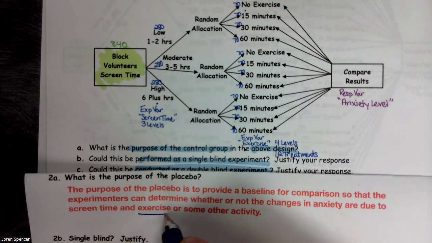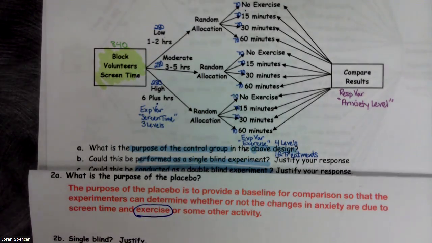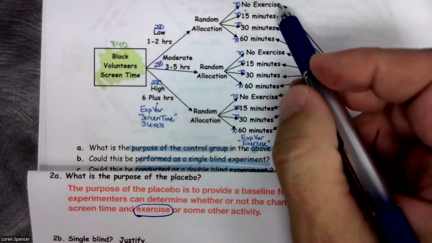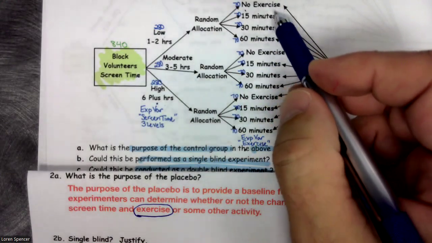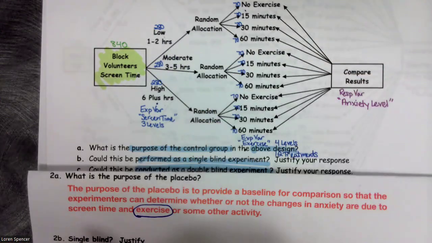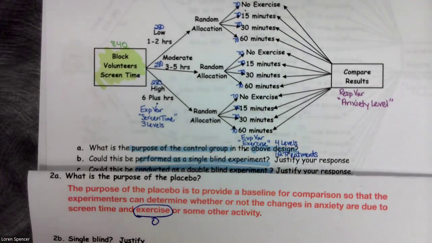Specifically, we're looking at exercise, because exercise is the one that had zero. We didn't have zero for screen time. Because we had zero for exercise, that makes it the control.